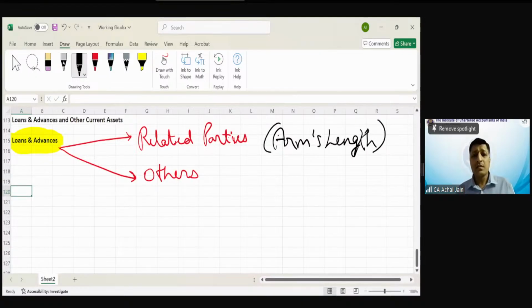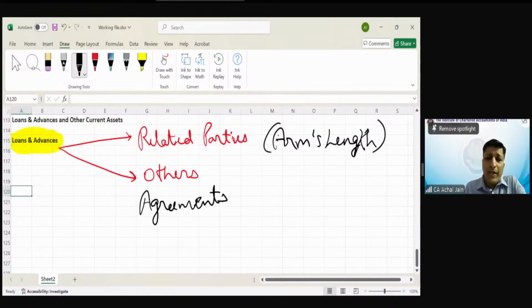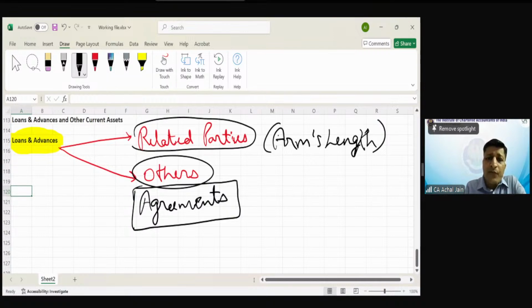And otherwise, underlying documents. See, generally for loans and advances, what are going to be the underlying documents? Agreements. Now, agreements to be checked will not be required only for other parties. That will also be required for related parties.